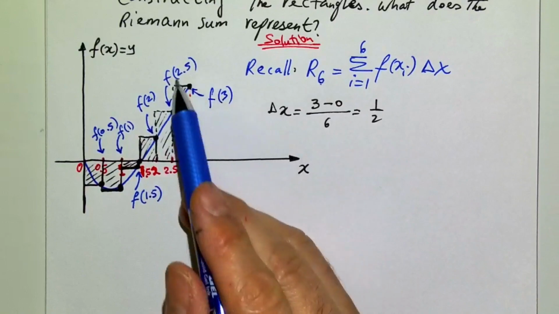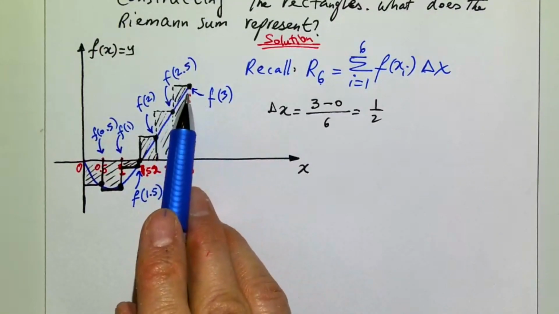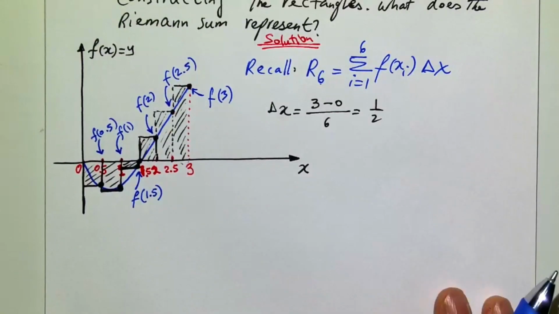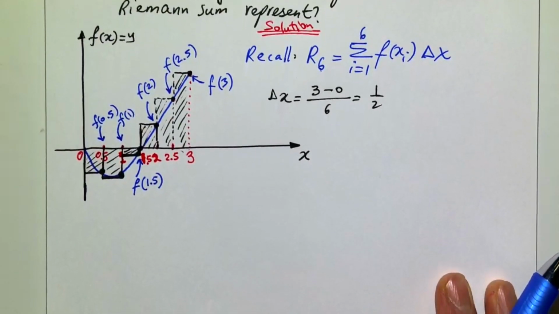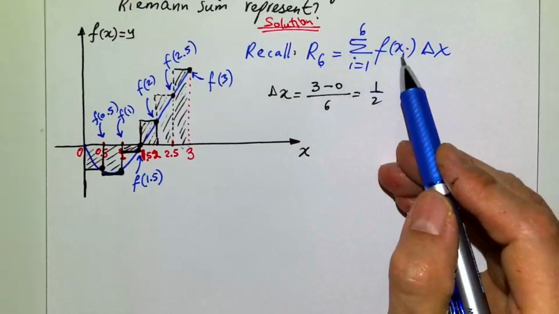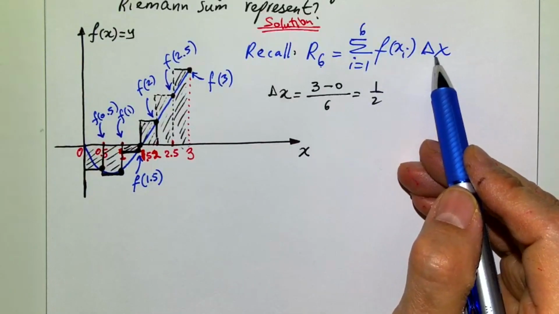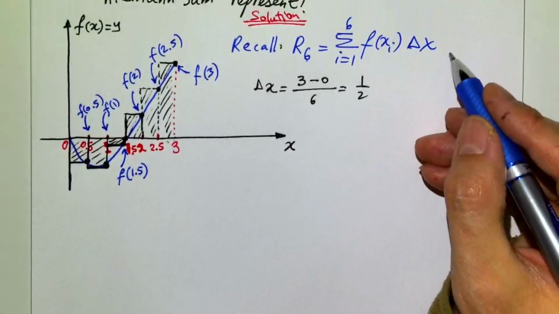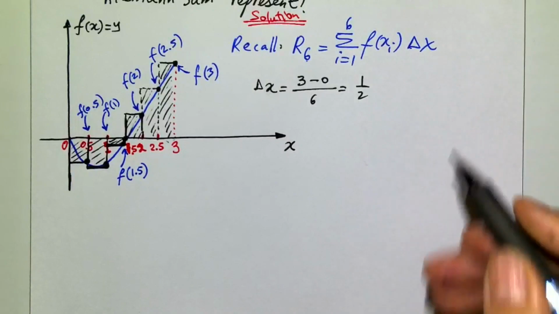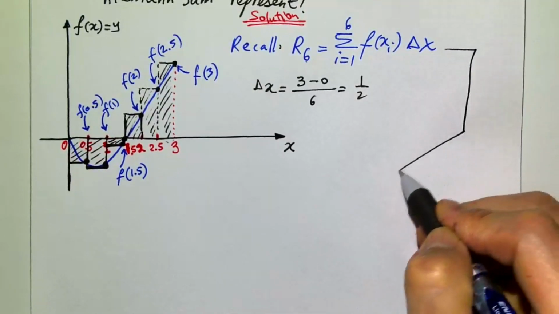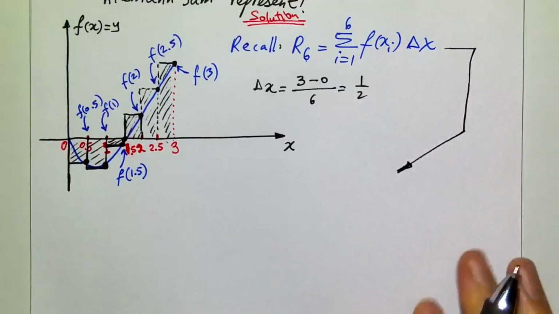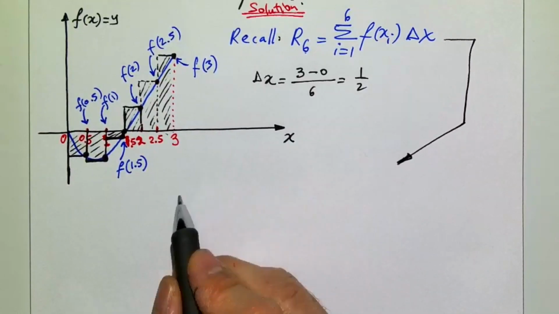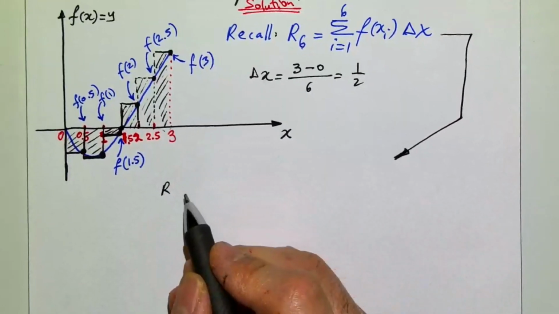We have our function values, which we need to calculate at these points, which are the right endpoints of each rectangle. And then we multiply all of that by delta x, which is 0.5. Let's do that. And so I'll just draw an arrow here, from here to here. Okay. So hopefully I can fit it across the page here.